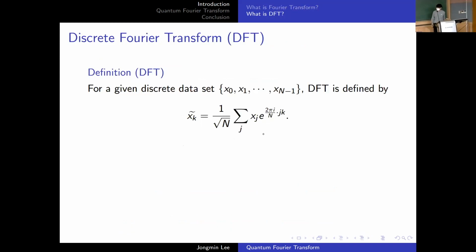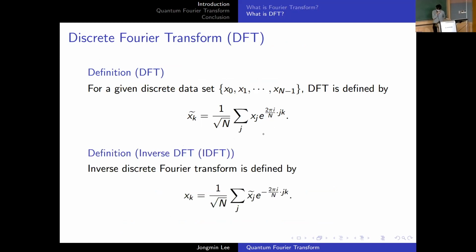So let's take a look at the DFT. The DFT definition is given in the formula, and this has a similar form to the inverse DFT in the figure.